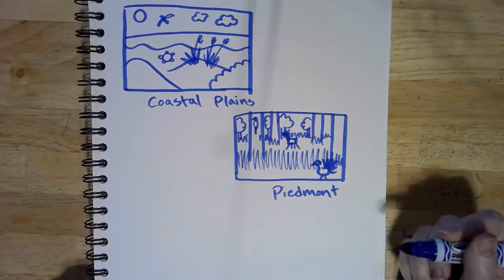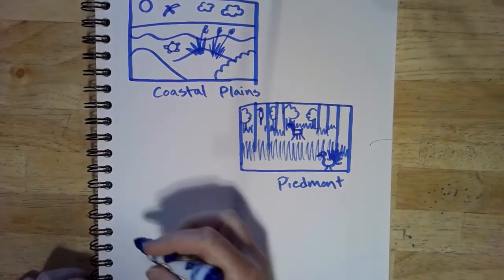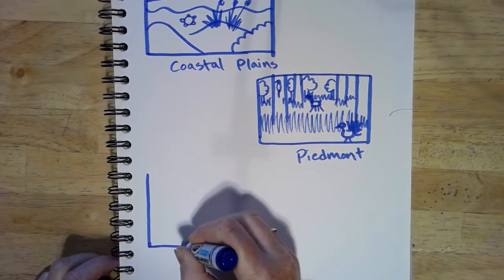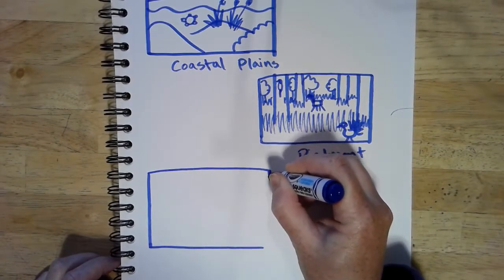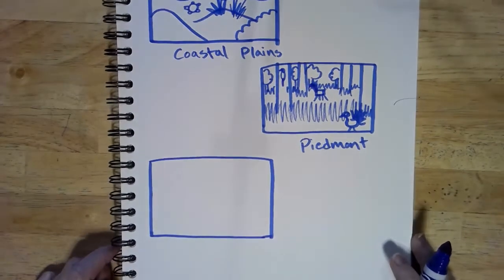So that's how you would draw an ecosystem for the Piedmont, because it's well known for its forests. Another box. You can always pause at any time if I'm going too fast and catch up.